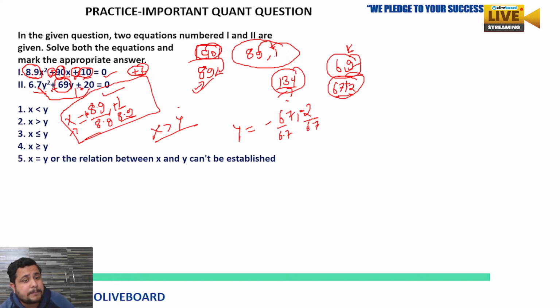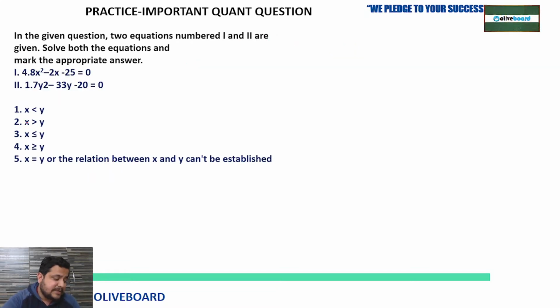And in the second equation, this plus and this plus decide that both roots will be negative. So directly you can decide that y will be less than x, because both the roots of x are positive. So x is greater than y. Option B will be the correct answer. Is this clear to all of you?